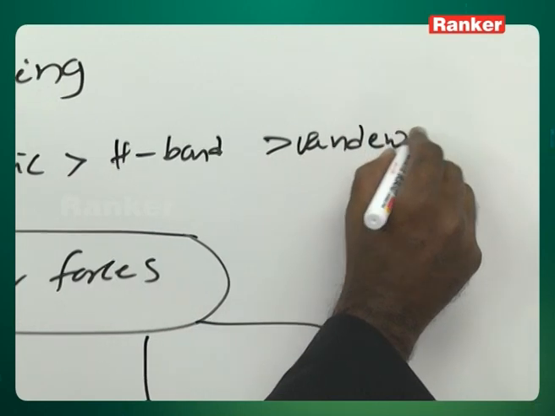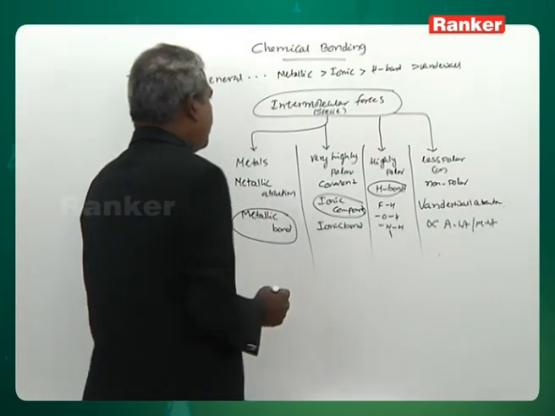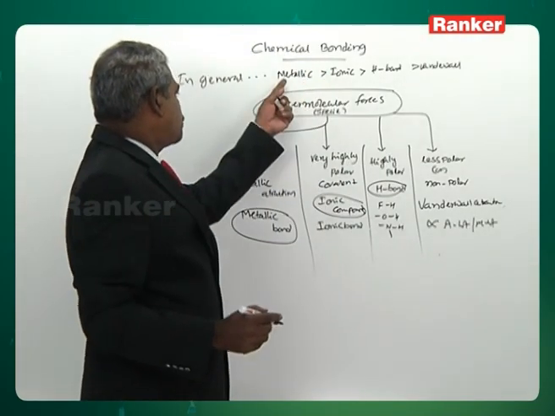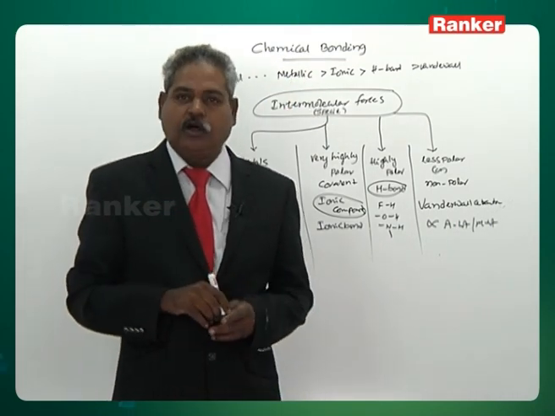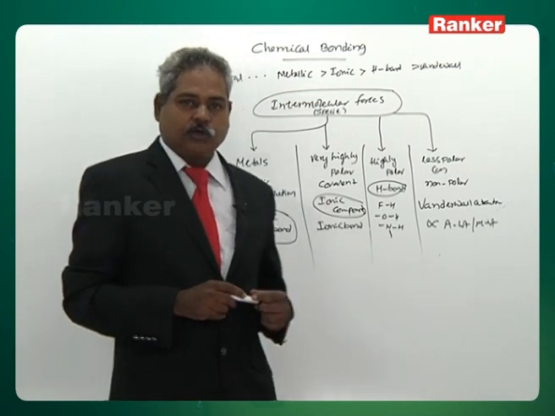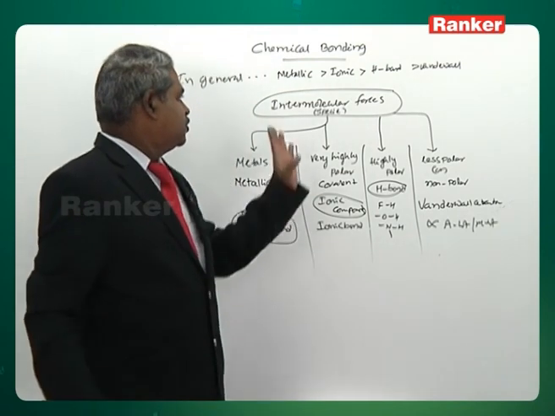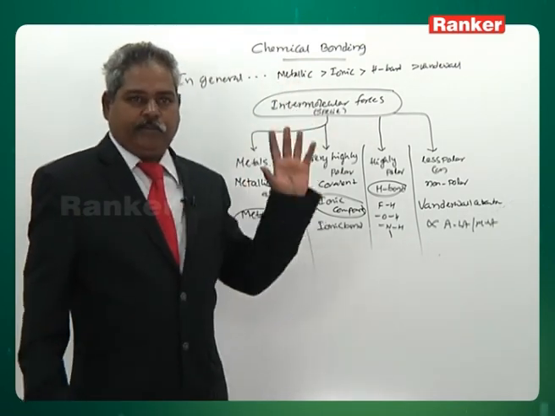I am not saying there can't be ionic bonds which are stronger than metallic bonds also. In some ionic compounds the attractions are so strong that they are stronger than metals. So this is not a permanent rule, only broadly.